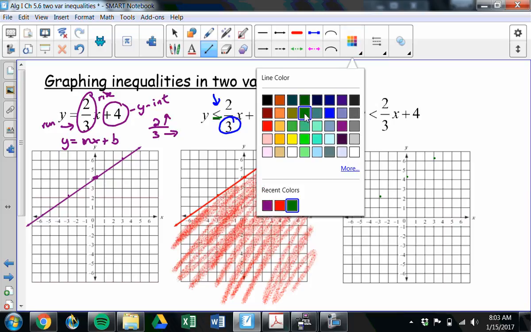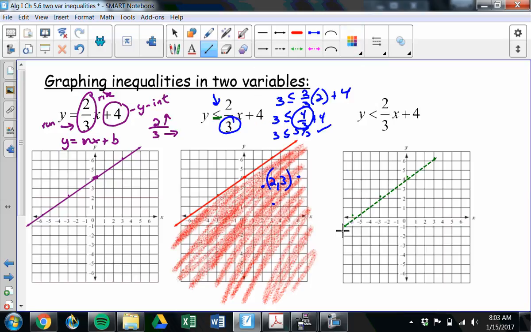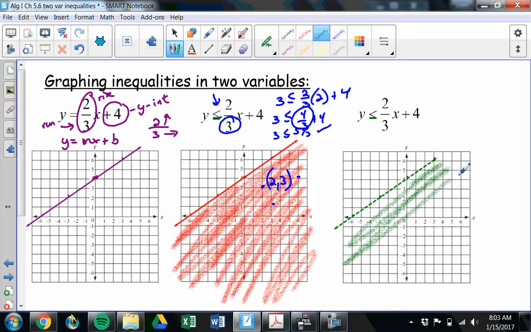We use a dotted line to show that the graph can't actually equal the line itself because it doesn't have the equals to underneath. So when you have a less than or a greater than that doesn't have the equals to, you use a dotted line. And there's me graphing this inequality. I like this because I get to use my crayon.